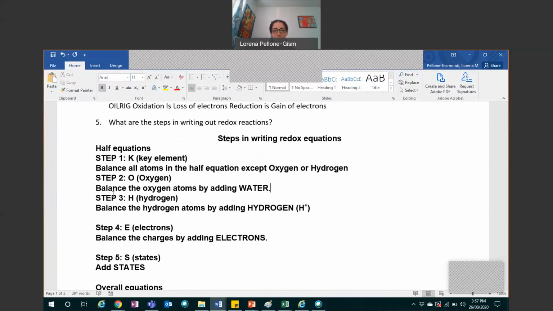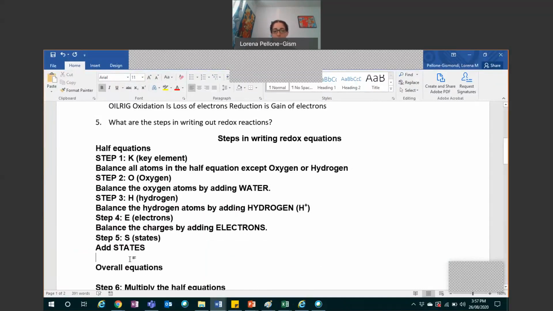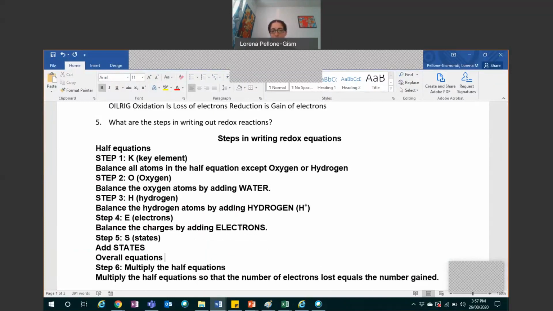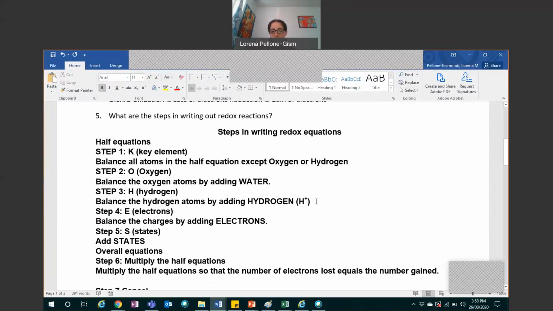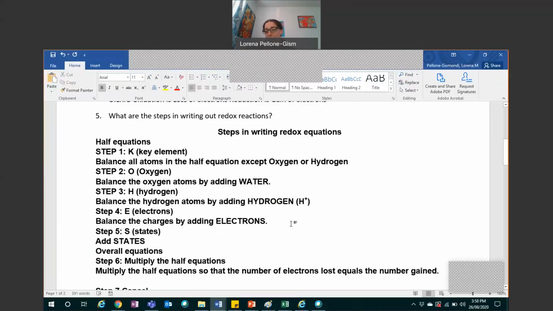But first of all, you're balancing all of the atoms in the half equation, except for hydrogen and oxygen. Then you're balancing oxygen by adding water. Then you're balancing hydrogen by adding H+. So I'm sure you'll be able to read that and get those steps down. They're really important. And they're the same steps that you'll use in year 12.